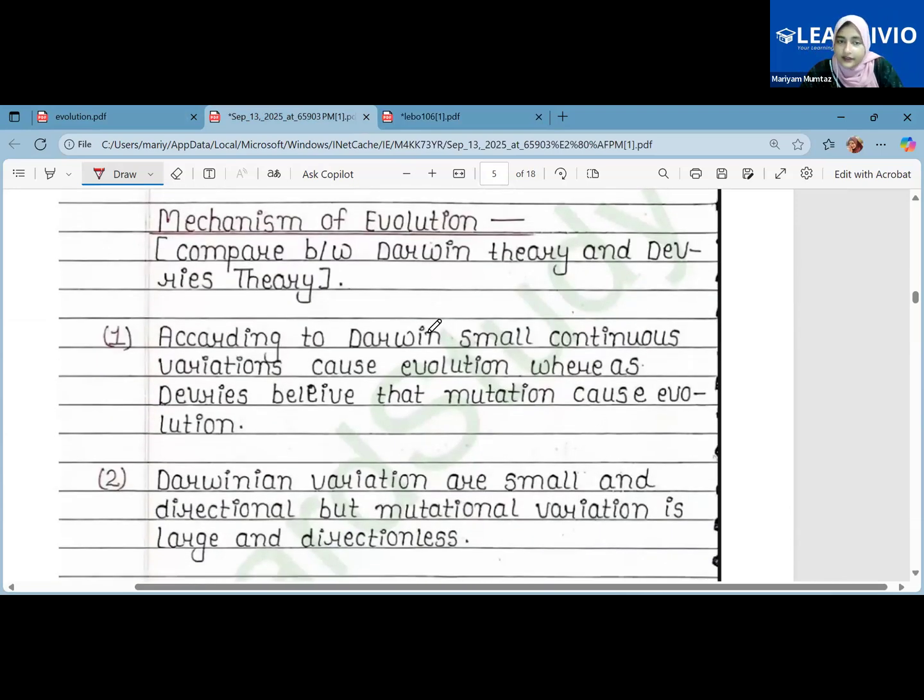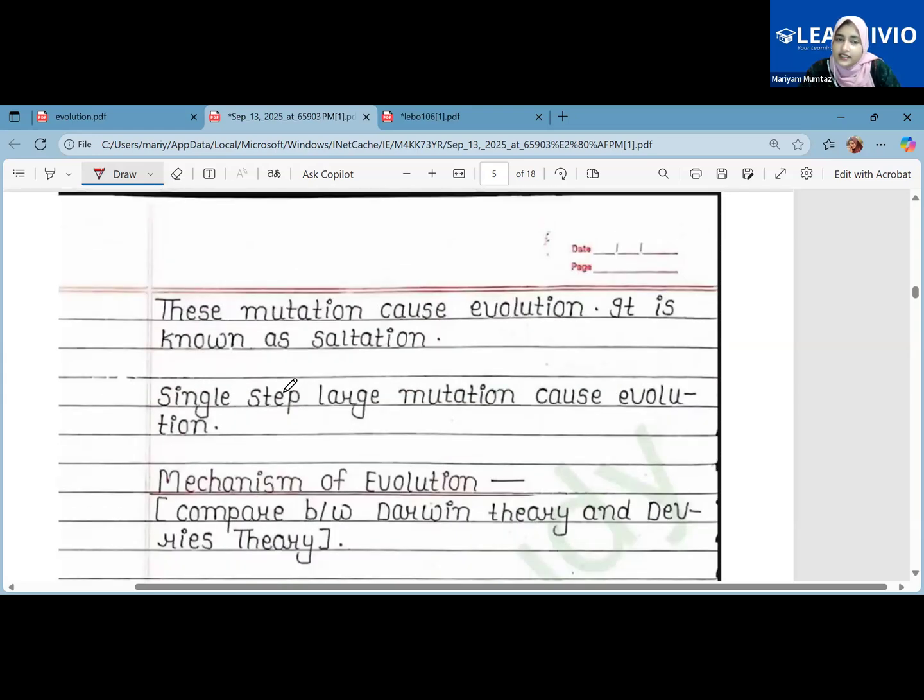So according to Darwin, small continuous variation, and see what Darwin said and what different scientists that were there at that time, like Hugo de Vries, like Lamarck, said. They all had different views on how evolution takes place. The most accepted one is the one given by Darwin.